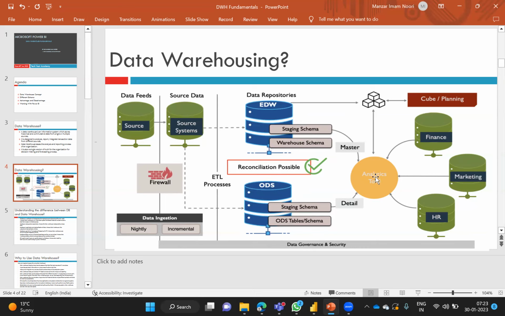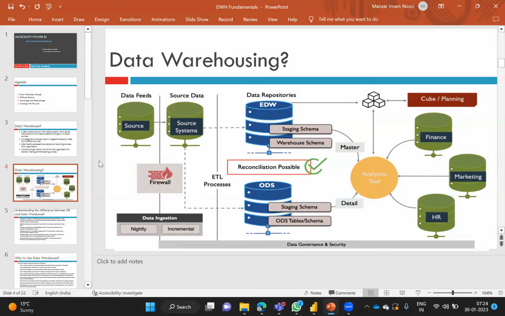And again, you have separate teams consuming the same data for different businesses, right? Maybe for finance, marketing, or in insurance we have P&C, we have RIS, right? So you will have different teams consuming this data warehousing data.